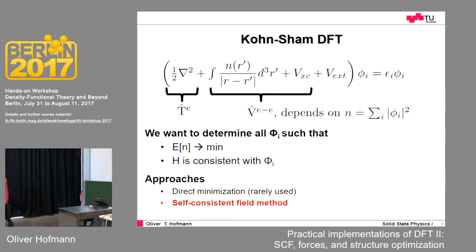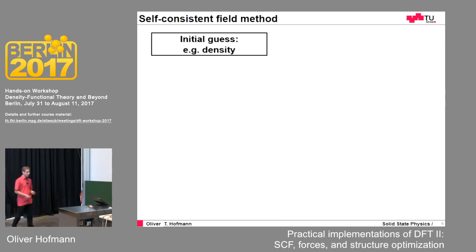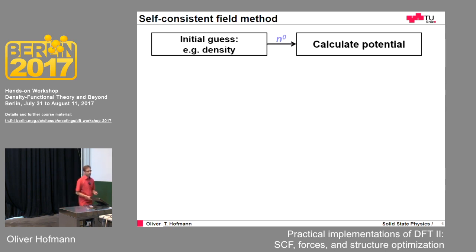So how does the self-consistent field method work in principle? Well, as always, you need to start from an initial guess, for example, a guess of at least the electron density, because that's in the Hamiltonian. From this electron density, you can then calculate the potential.